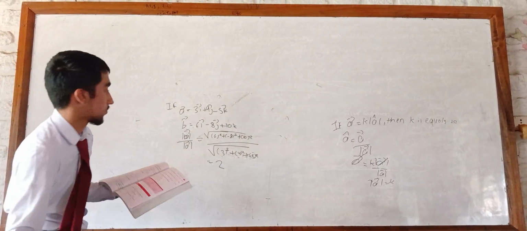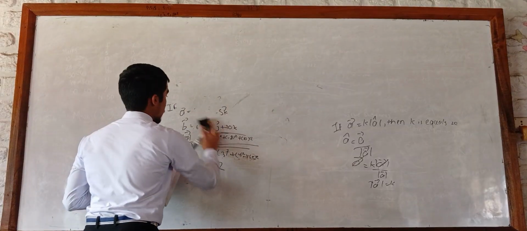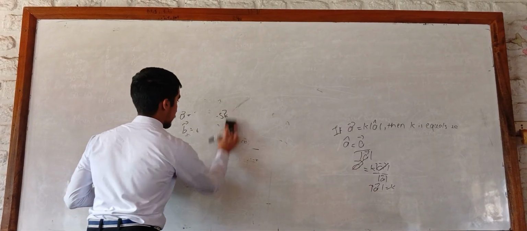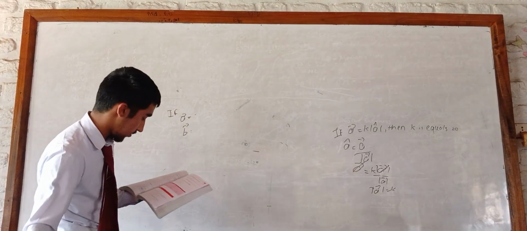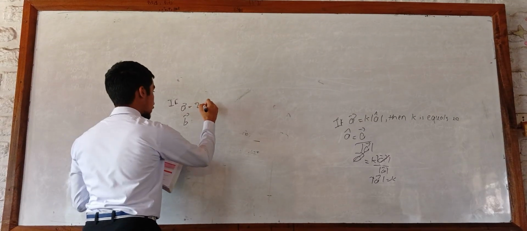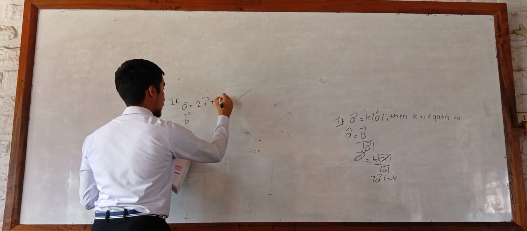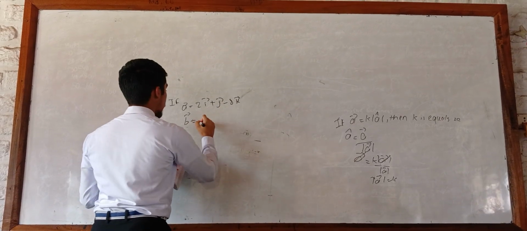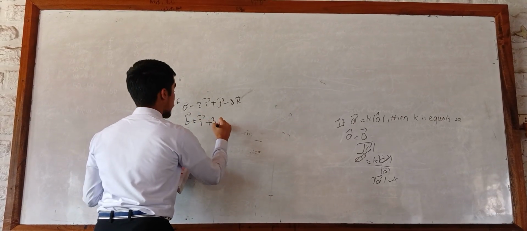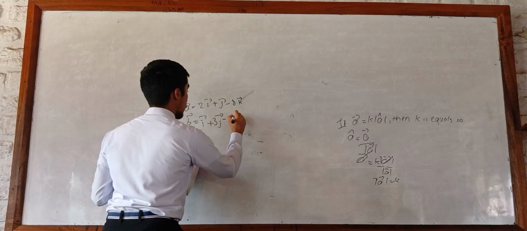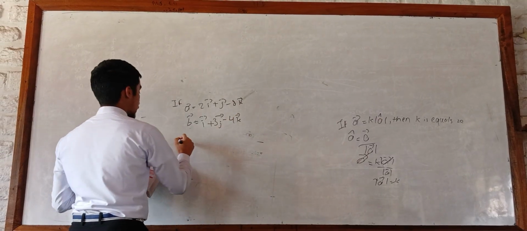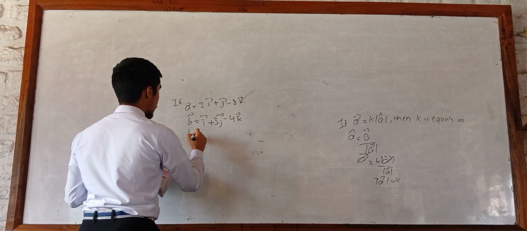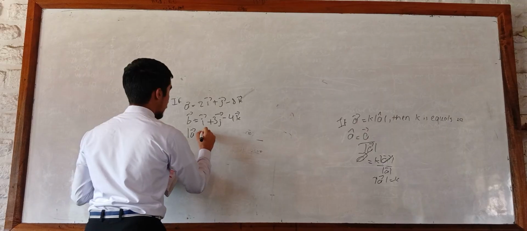Now we have the same question of another type. If A vector equals 2I vector plus J vector minus 8K vector and B vector equals I vector minus 4K vector, then what is the magnitude of A vector plus B vector?